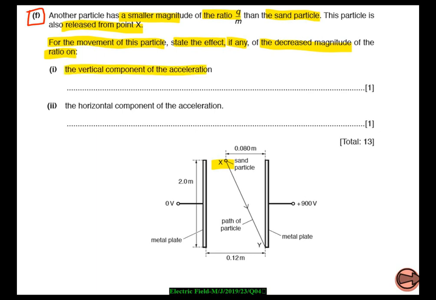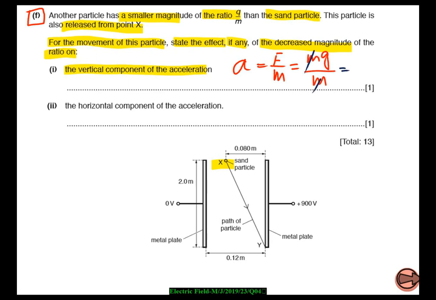So we can write a is equal to F over m according to Newton's second law, and in this case the force will be equal to mg. If we divide by m, we can cancel m with m, so we get a is equal to g. It simply means that a is independent of mass, so there is no effect.